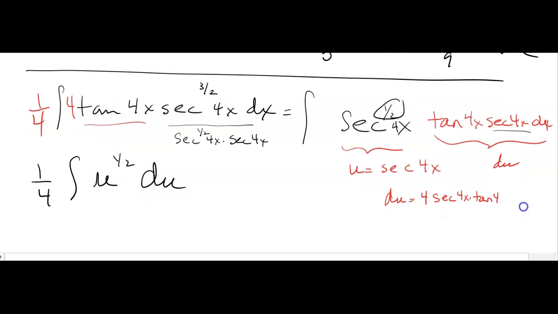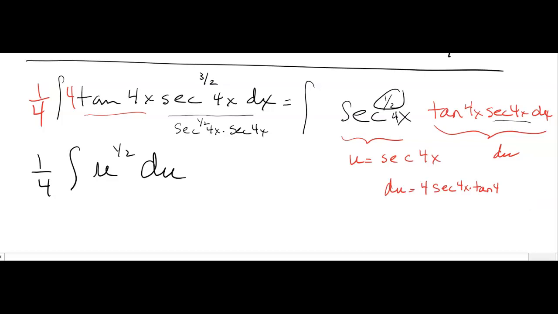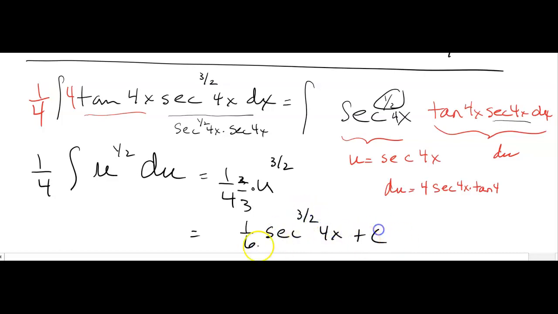I took that crazy trig function, manipulated it so I got a u sub, and then it's just 1/4 u to the 3/2 times 2/3. So that ends up being 1/6 secant to the 3/2 of 4x plus c.